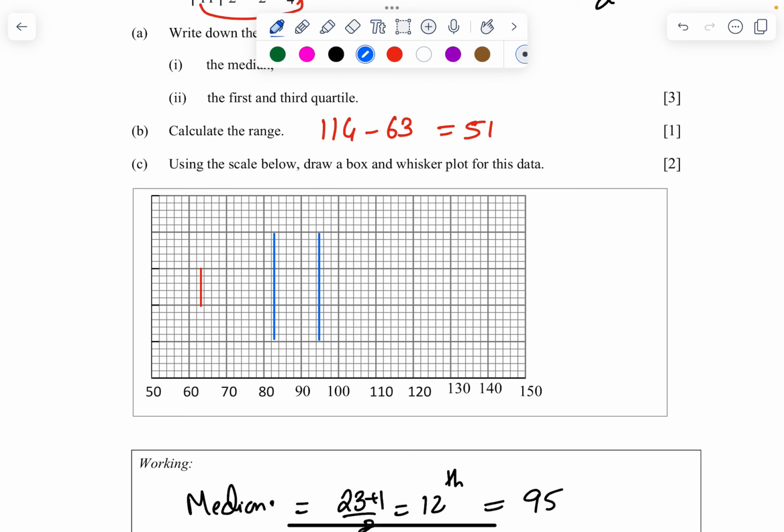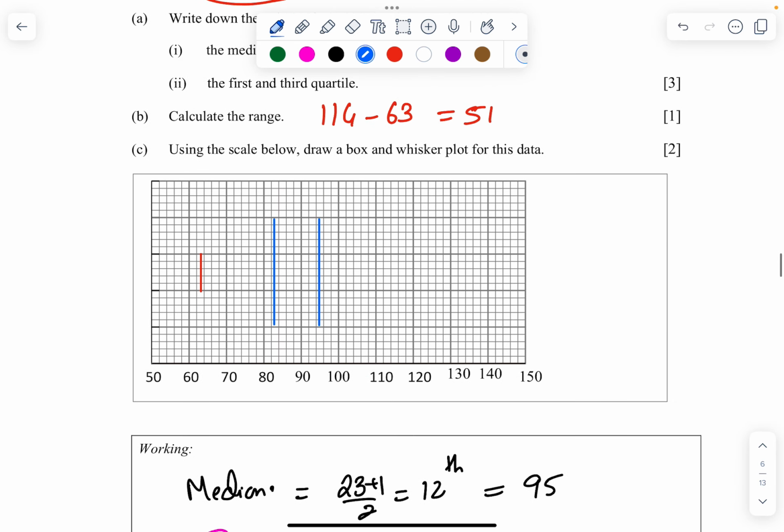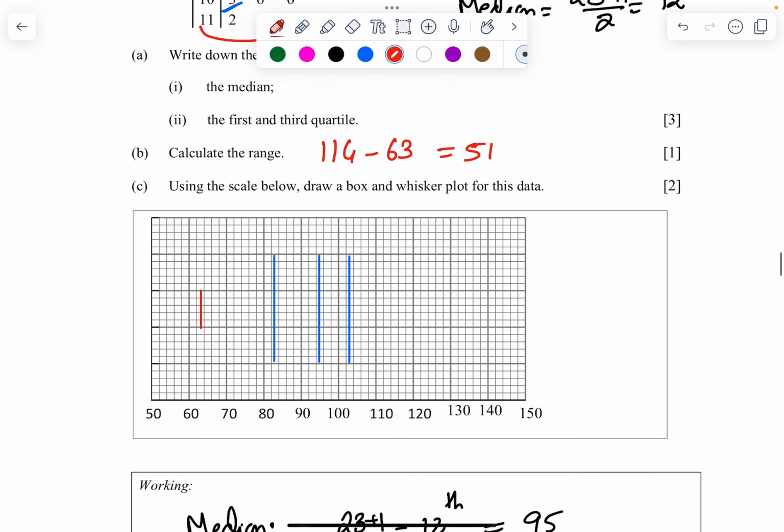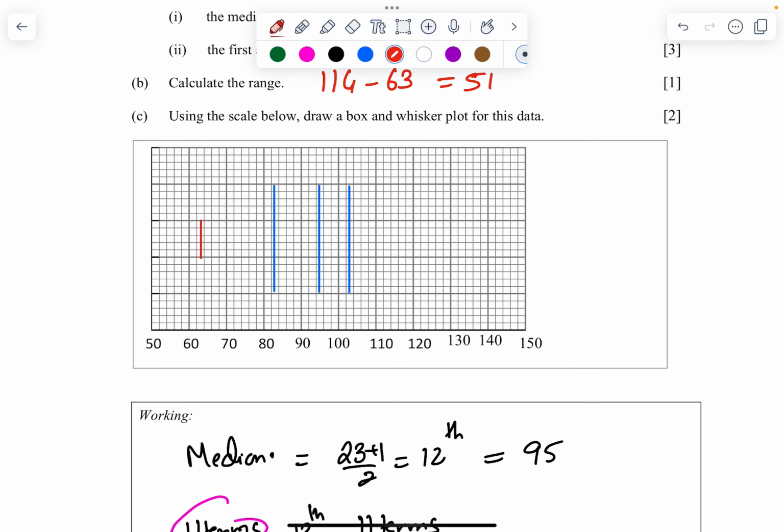Then the upper quartile is 103. And the maximum value is going to be 114. So now complete the box and draw the whiskers. This is going to be the box and whisker plot.